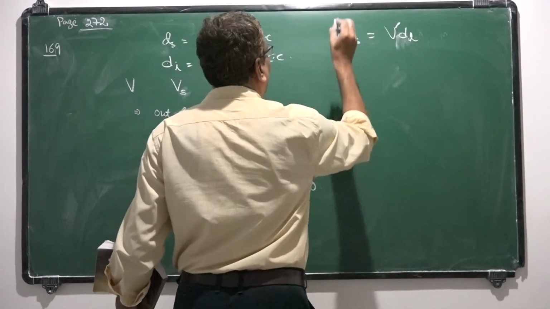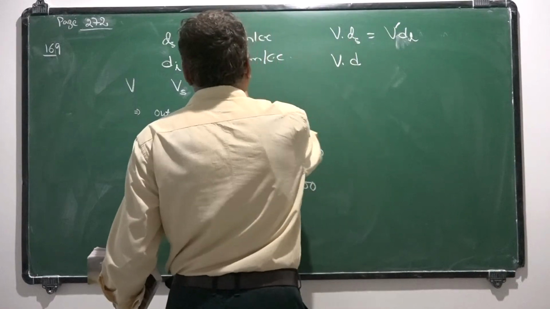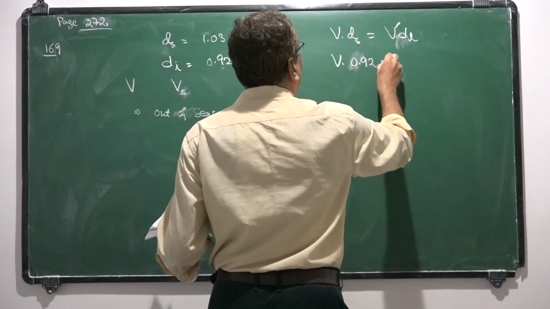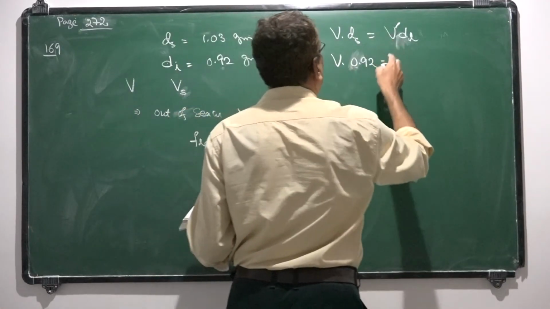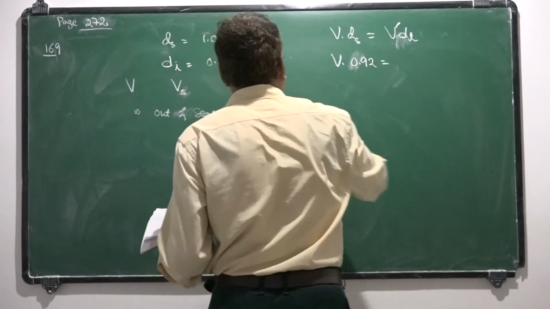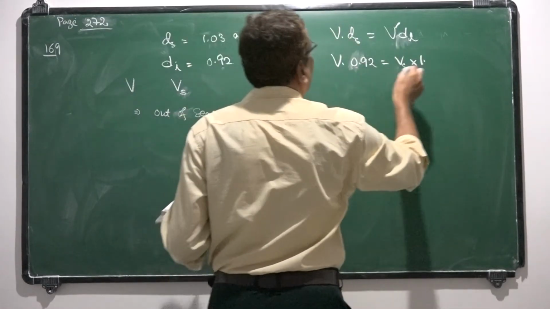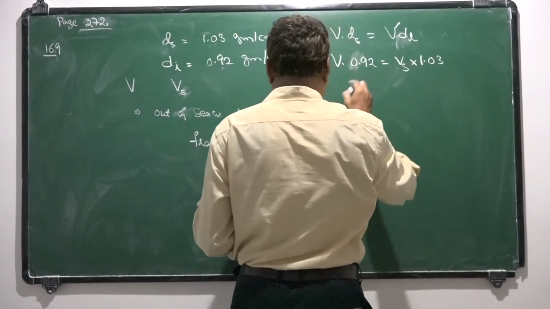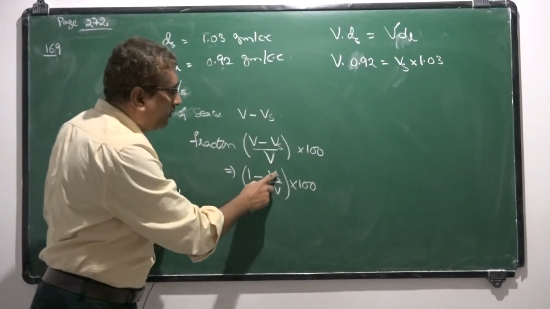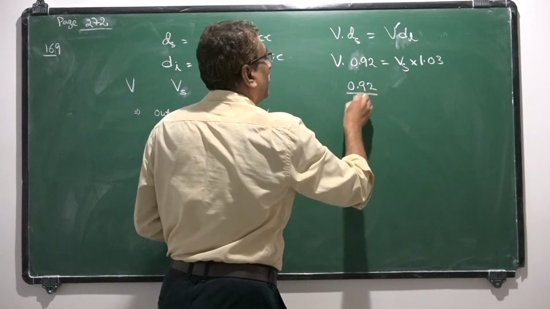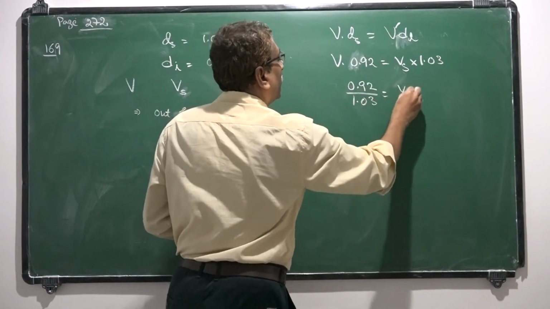So volume of the body into density of the ice, that is 0.92, is equal to volume inside the water, Vs, into density of the seawater, 1.03. Now what we require is Vs by V.